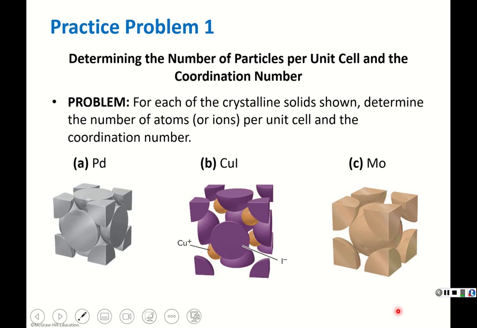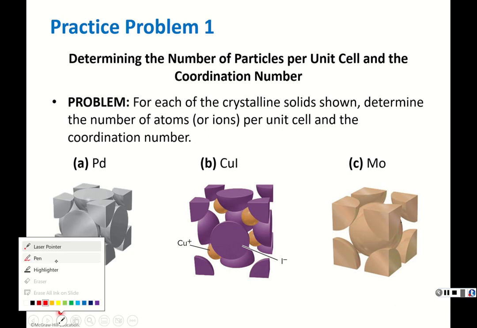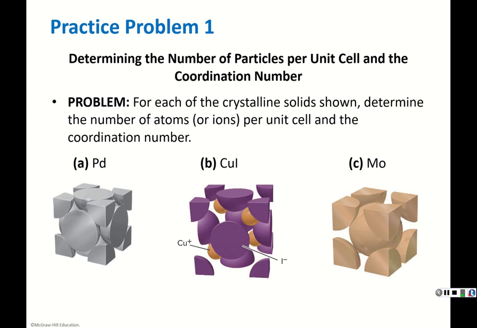So let's try a practice problem using those designations. For each crystalline solid shown, determine the number of atoms or ions per unit cell and the coordination number. Okay. So the first one, hopefully you can see that the palladium metal, this is the face-centered cubic.